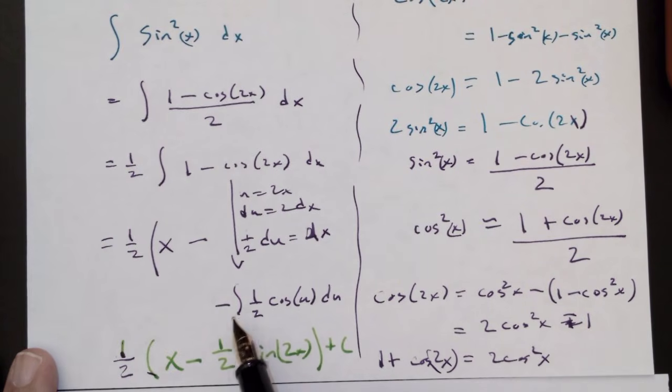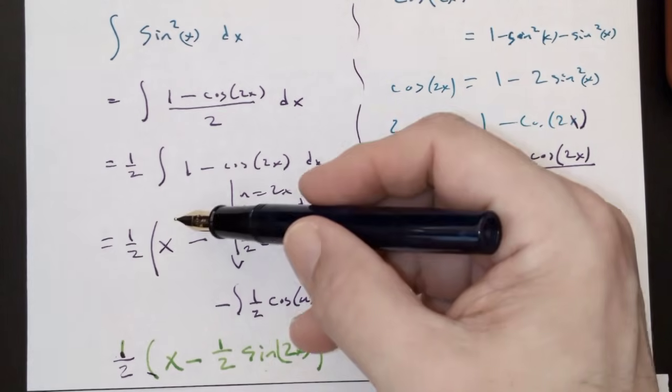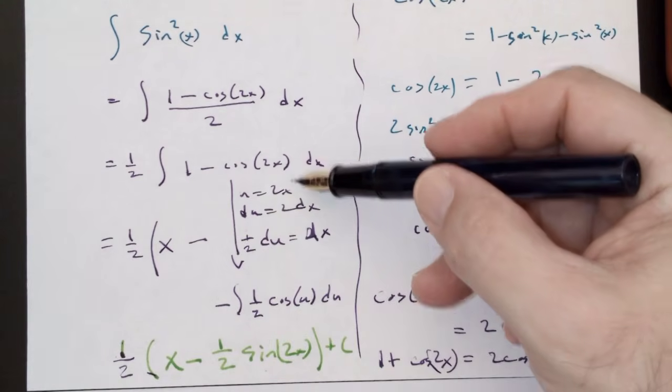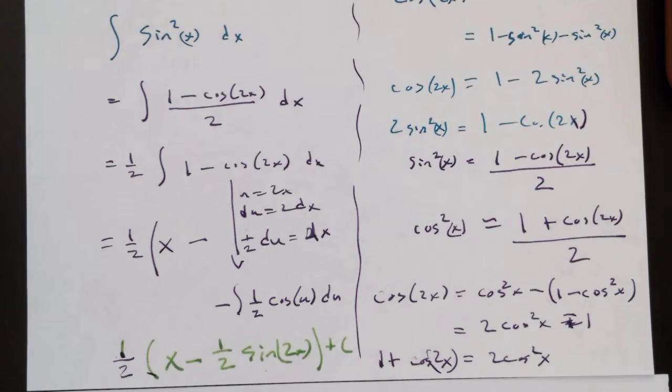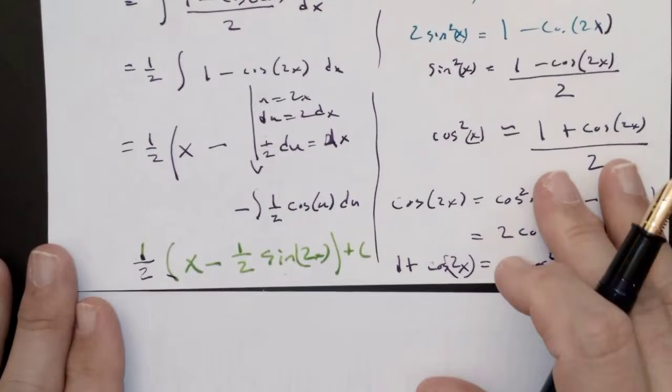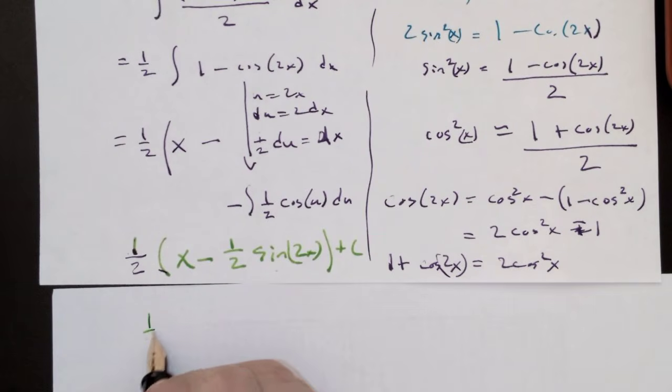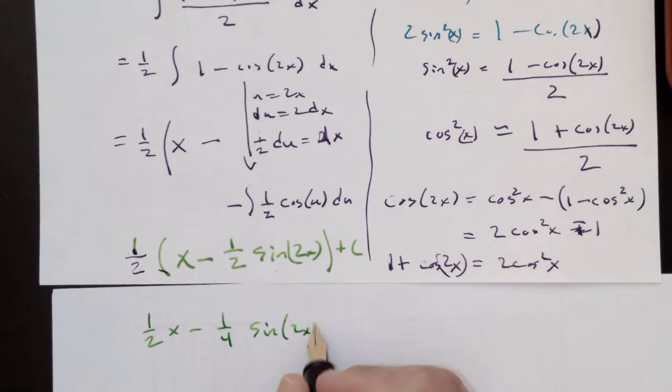Well, I'm only pulling it to the outside of this integral. Yes, because I did the integral of 1 and I got an x. I did the integral of the cosine all the way over here separately. I really did do 2 separate integrals. If I bring those 1/2s together, I get 1/2 x minus 1/4 sine 2x.